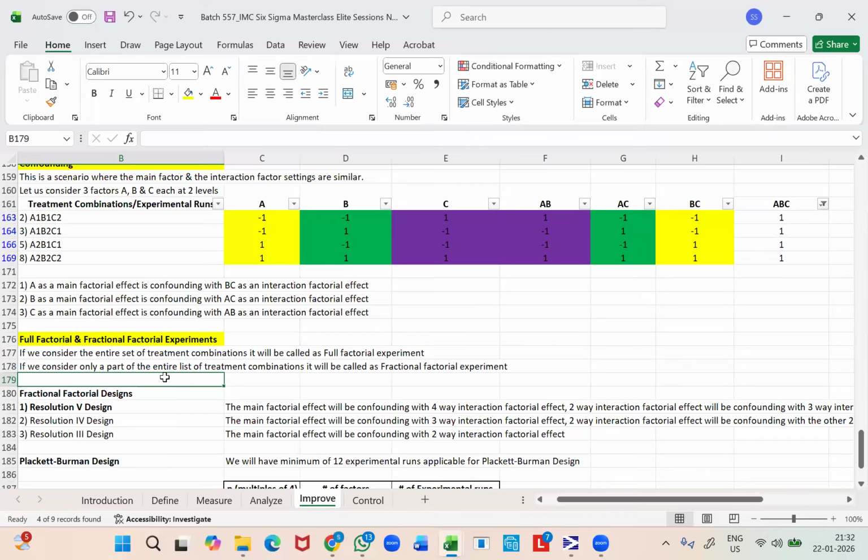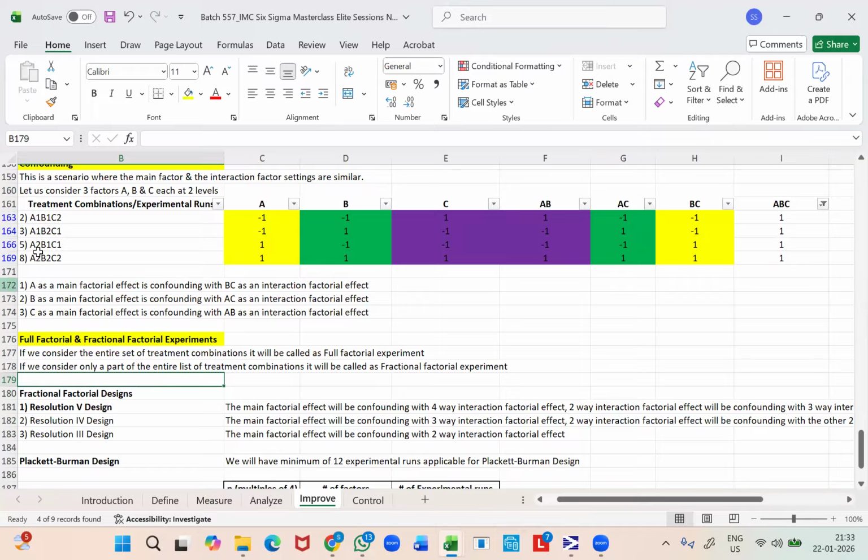Whereas in a fractional factorial experiment, we will be considering only a part of the treatment combinations for our experiment, right? By considering the part of the treatment combinations, we would be able to successfully validate the influence or the significance of the applicable factorial effects, right?